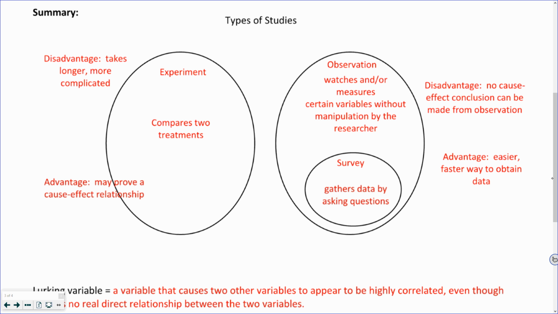Well, there's no cause and effect conclusion that can be made from an observation. The advantage is it's an easier and a faster way to obtain the data. Where experiment compares two treatments. So the disadvantage is it takes longer to do. It's also a little bit more complicated because it's obviously a little bit more detailed. And the advantage, though, you might be able to prove a cause and effect relationship.